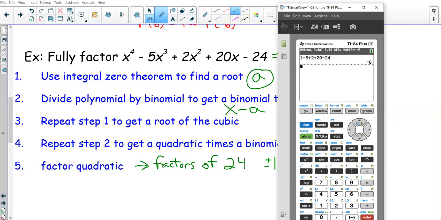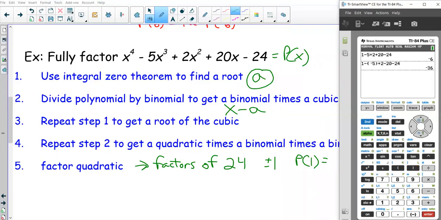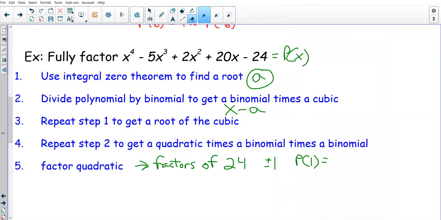Okay, so negative 1 to the 4th is 1. Minus, that's going to give us negative 5. Negative 1 squared is going to be a positive 1 times 2, so that gives us 2. Minus 20 minus 24. Well, that's not going to work, is it? Okay, so let's move on then.